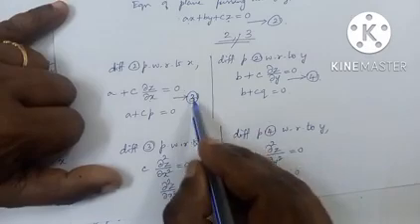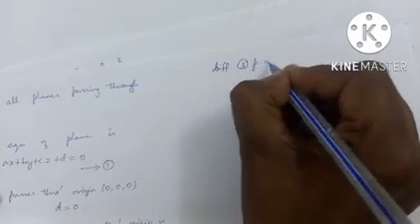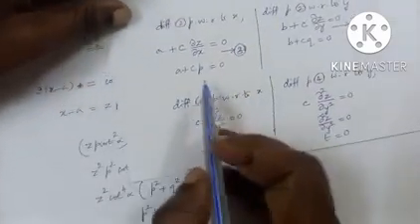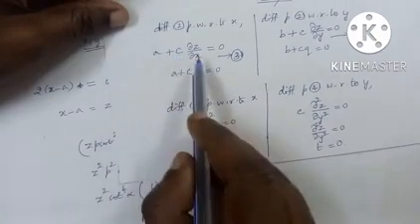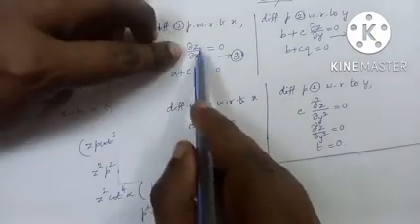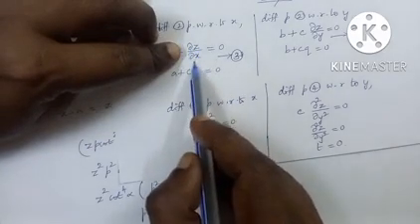Differentiate the third equation partially with respect to y. Partially is very, very important. When you differentiate the third equation partially, a will become 0, c take outside, differentiate it with respect to y. You should not think that it is a function of x only.